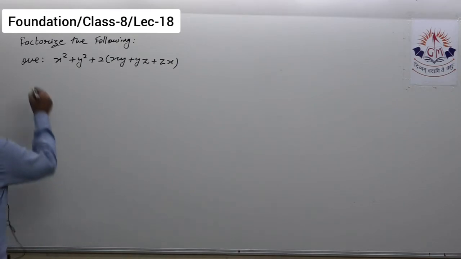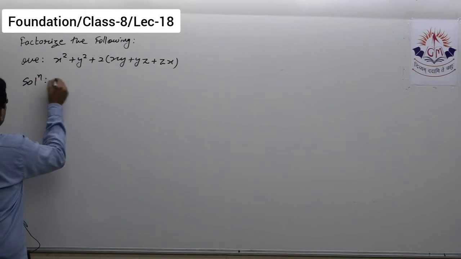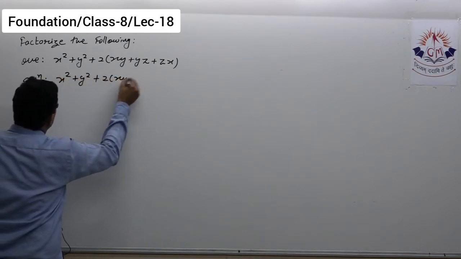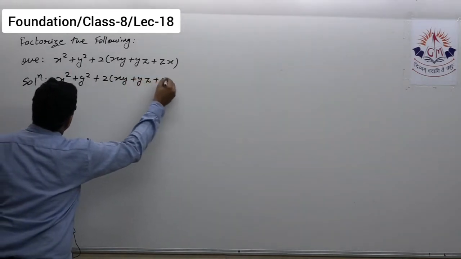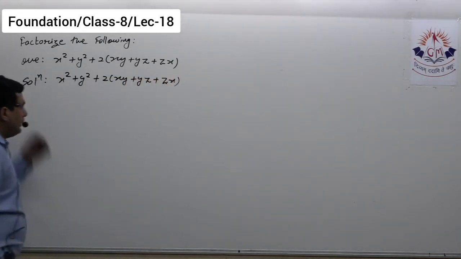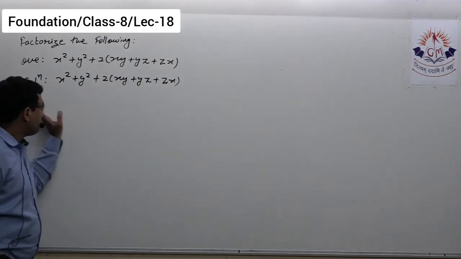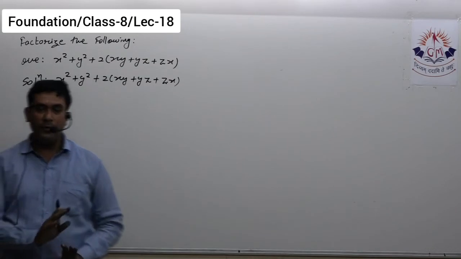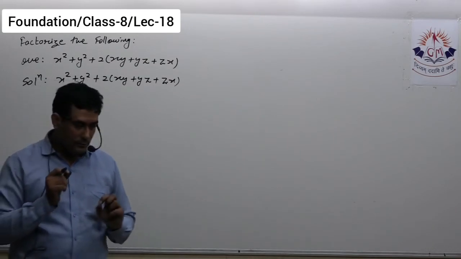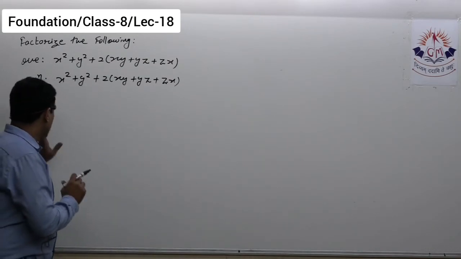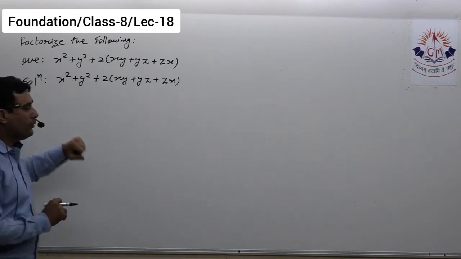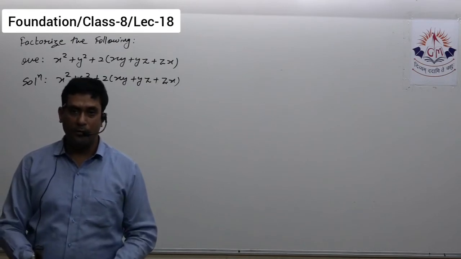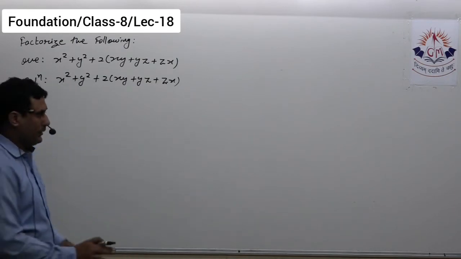Okay, so let us see its solution. x square plus y square plus 2xy plus yz plus zx. Now, the very first thing that should come to your mind: we have x square plus y square. Whenever you see x square plus y square, there is an identity that should come to your mind, that it might be x square plus y square plus 2xy or minus 2xy, whatever.